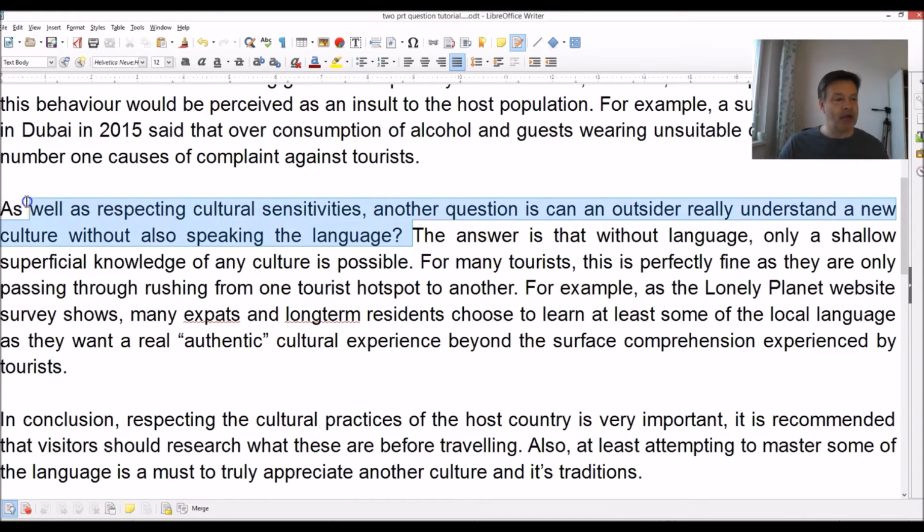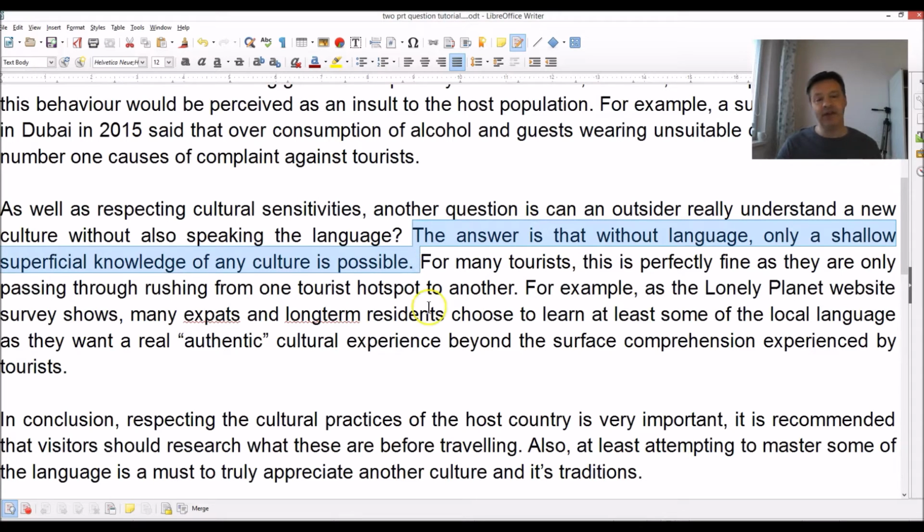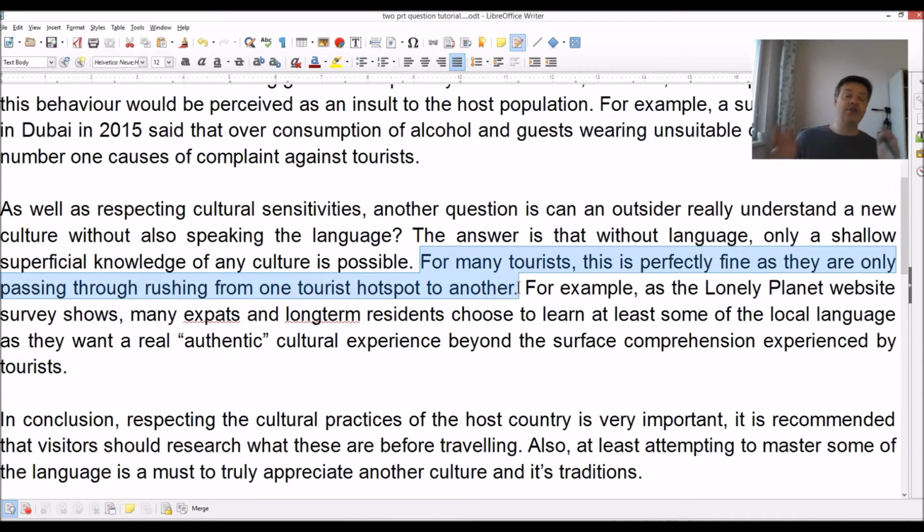So, as well as respecting cultural sensitivities, another question is, can an outsider really understand a new culture without speaking the language? The answer is that without language, only a shallow, superficial knowledge of any culture is possible. For many tourists, this is perfectly fine as they're only passing through, rushing from one tourist hotspot to another.